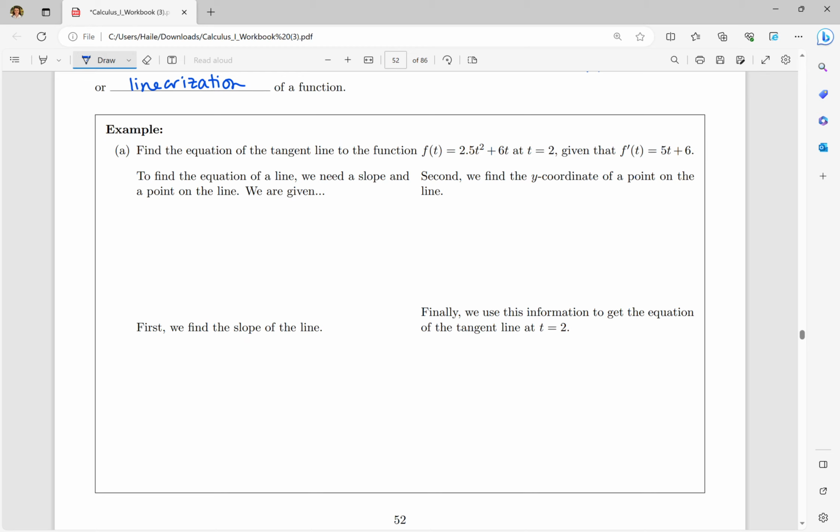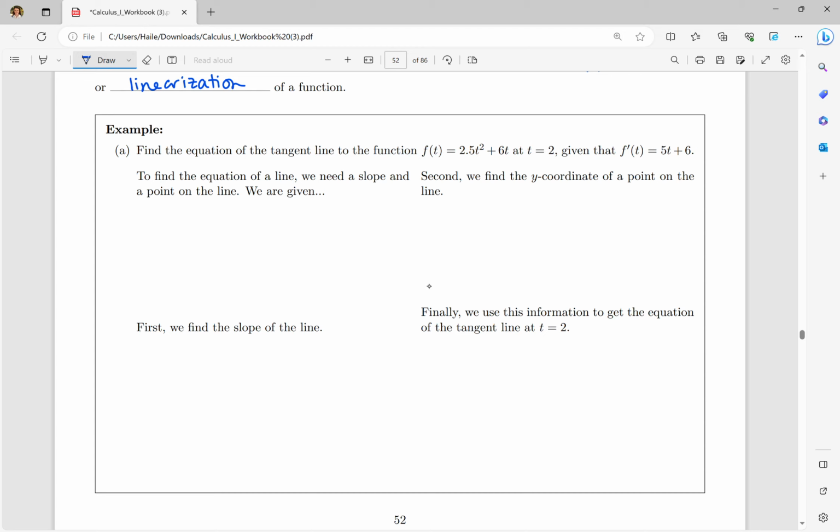So, as an example, let's find the equation of the tangent line to the function f of t is equal to 2.5 t squared plus 6t at t is equal to 2. And I've given you the derivative here because we haven't really talked about how to solve for those yet. We're just going to focus on finding the equation of the line. So, to find the equation of a line, we need a slope and a point on the line.